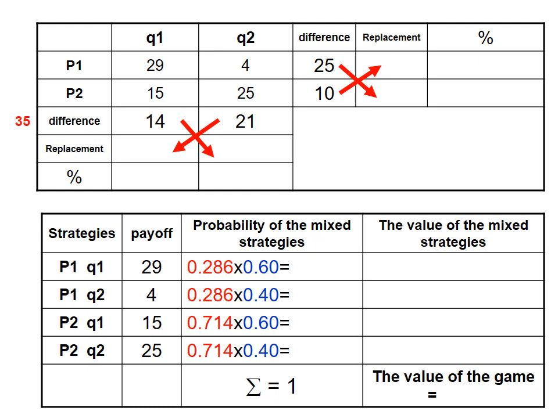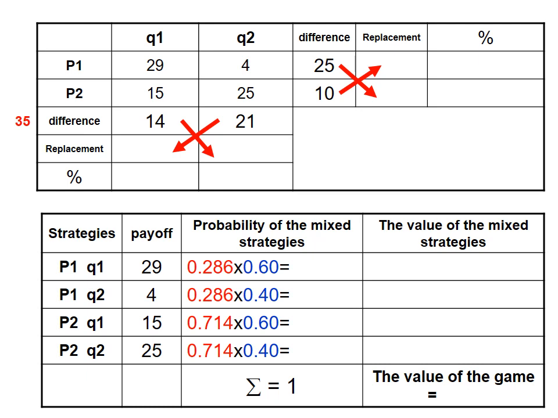The difference between 29 and 15 is 14, between 4 and 25 is 21, and the difference between 29 and 4 in the first row is 25, and the difference between 15 and 25 is 10. The sum of the two numbers is 35 for columns and for rows.